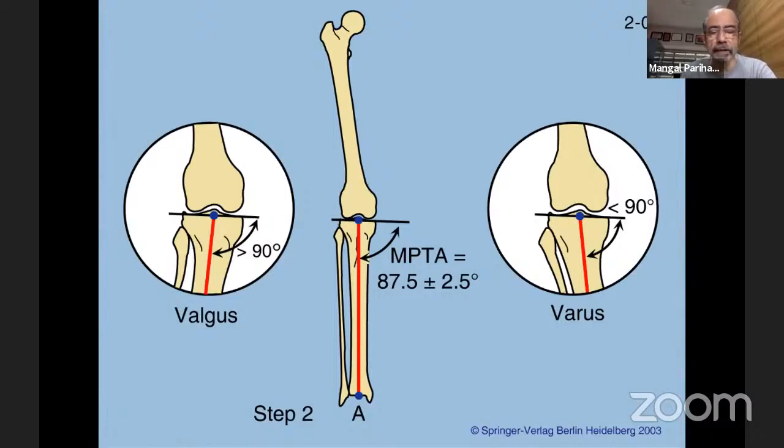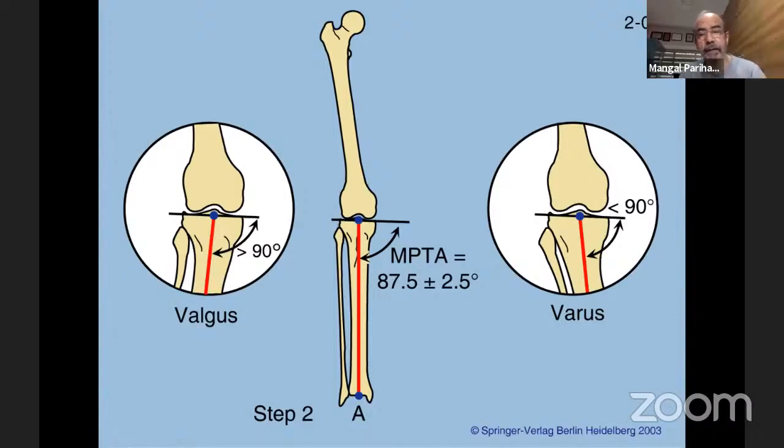If it's more than 90, then it is a valgus deformity, and if it is less than 85, then you would say it's a varus deformity of the proximal tibia.